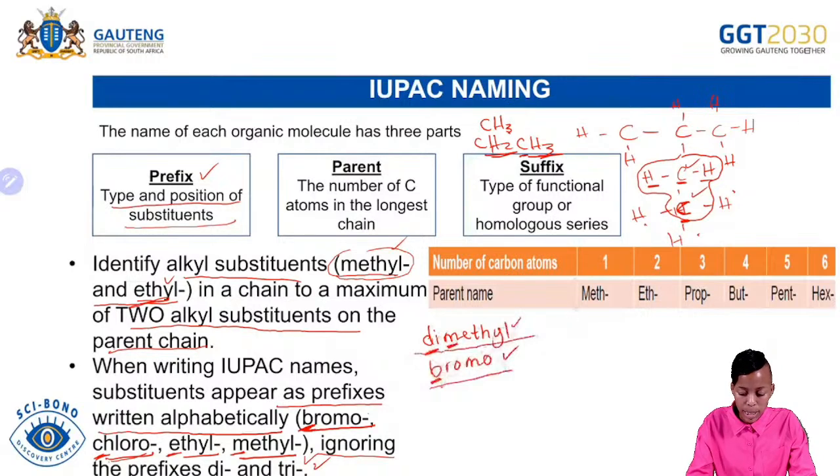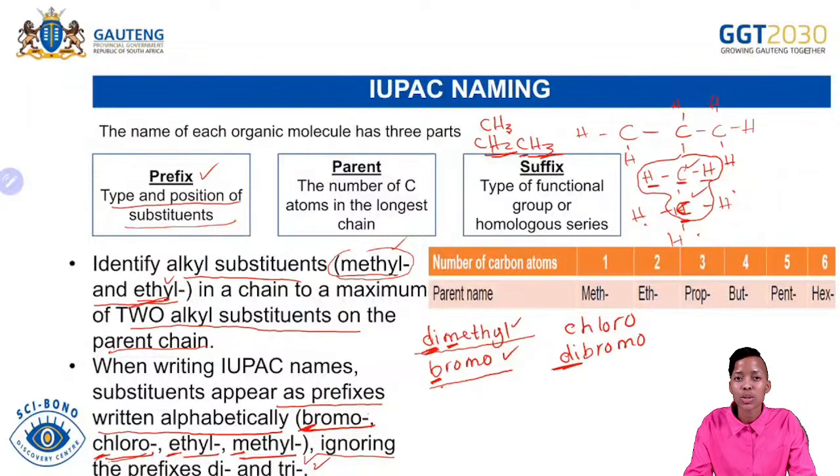If you have a chloro, and then you have a dibromo. Di means that you have 2 bromines. And here, di means that you have 2 methyls. The rules are saying that you are going to be ignoring this di.